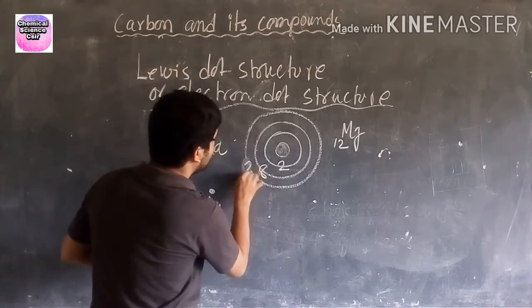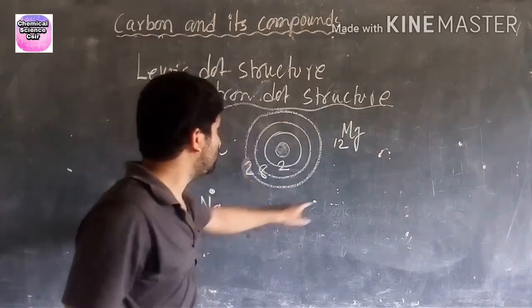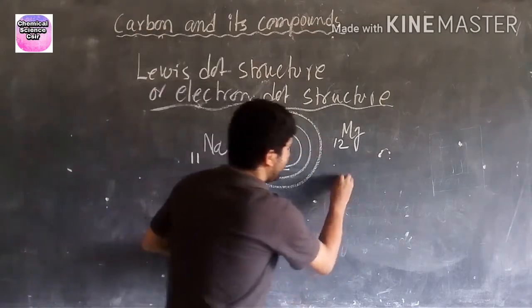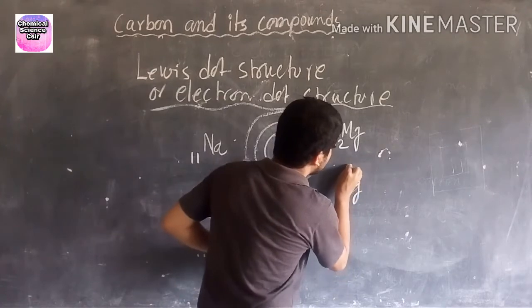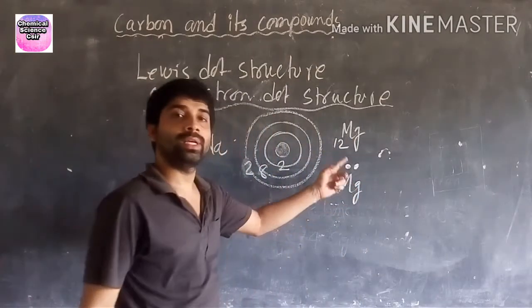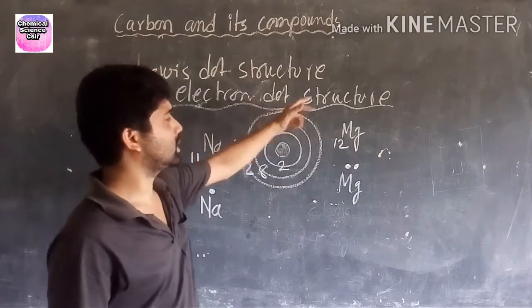In the outermost shell how many electrons are present? Only 2. Then you represent it like this, Mg with 2 dots. This is the Lewis dot structure.